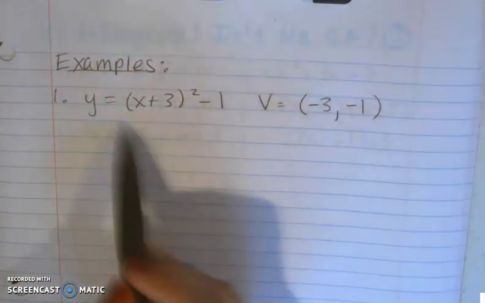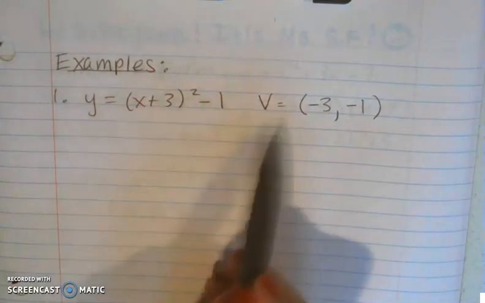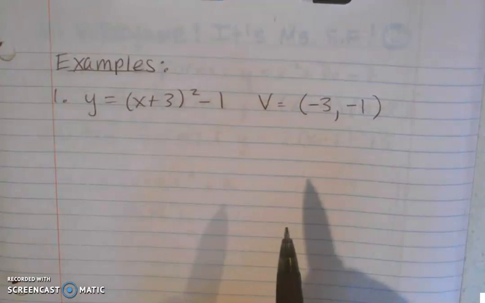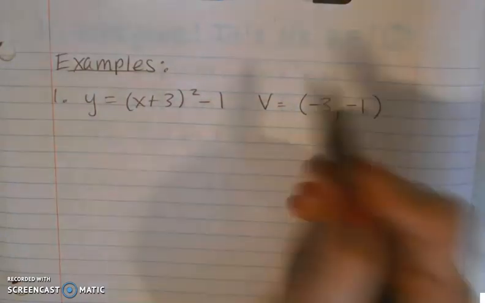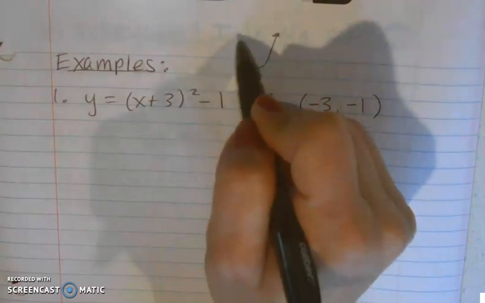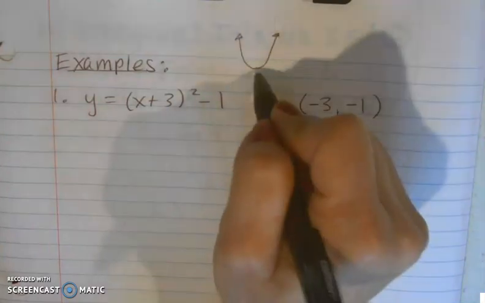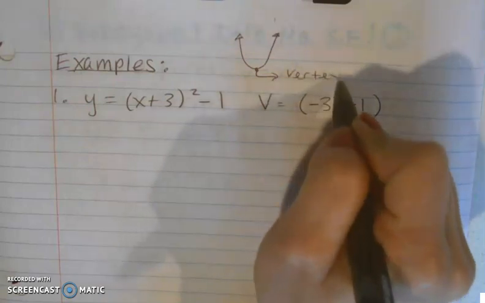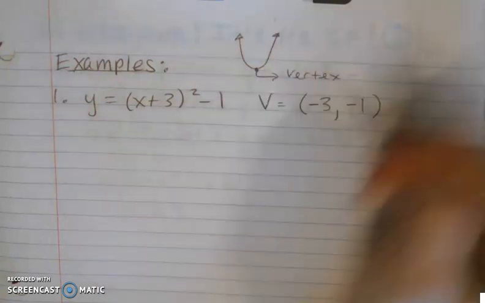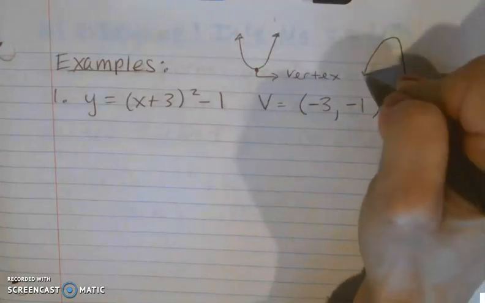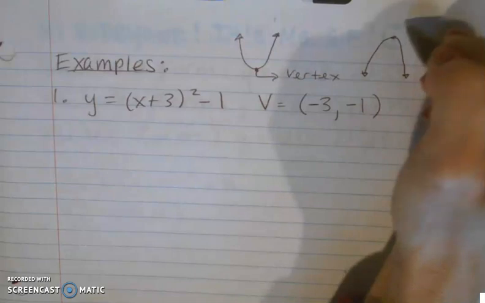So the vertex of this parabola is just -3, -1. By the way, if you have forgotten what a vertex is, remember the vertex is simply that point on the parabola where it changes direction. It could be a minimum right down here, or if a is negative, it can be a maximum.